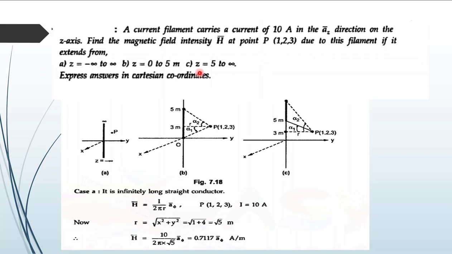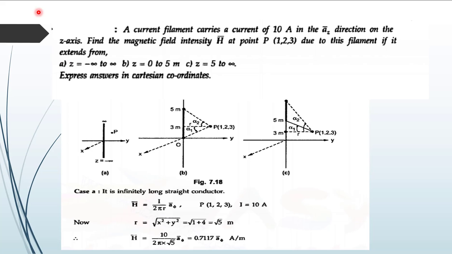So in these three options, the first option is minus infinity to plus infinity, and we have already seen how to solve such an example. In the second option, the element is finite because it is extending from 0 to 5 meters. And in the third option, again it is finite because it is extending from 5 to plus infinity. So these two are finite methods and this is the infinite method.